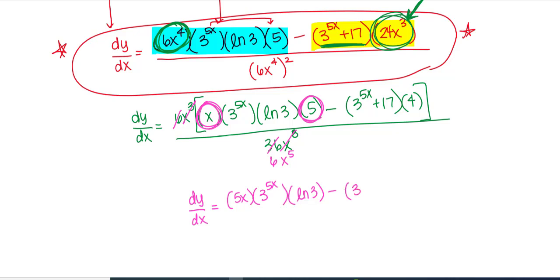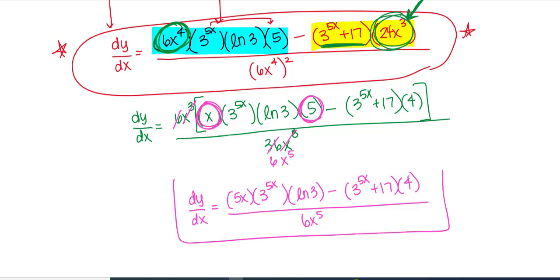Otherwise, I'm just copying my numerator down. But my denominator became a little bit nicer, 6x to the 5th. Again, this should be equivalent to that. You should be able to graph it and see that the graphs do trace each other, because again, they should be equivalent. You were just rewriting it for ease, maybe in solving or manipulating it later.